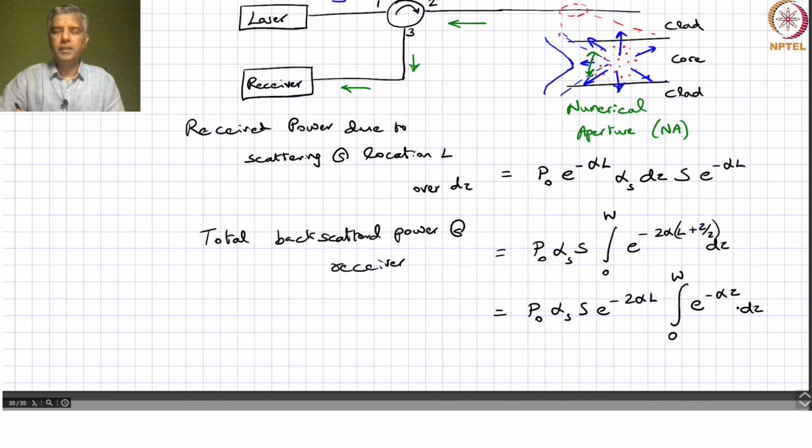Okay, so that is the integration that you want to do. If you do that integration, let's take this over to the next page.